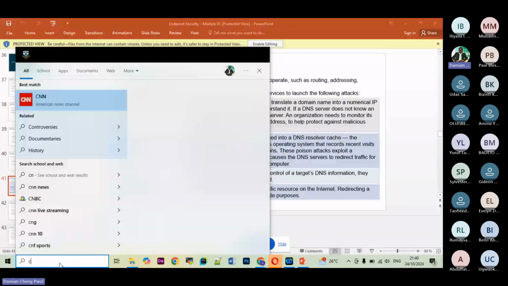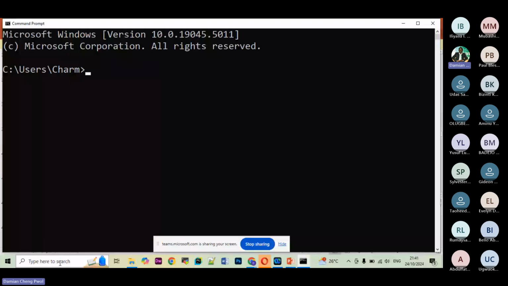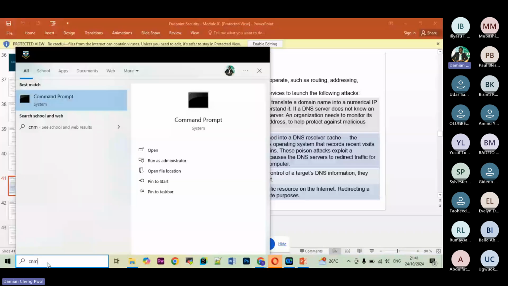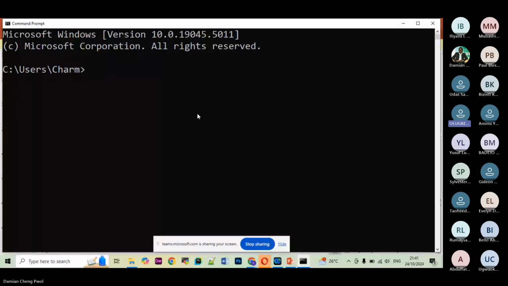I hope you guys are with me, and I hope you can see my screen, my command line interface. To open it, you just go to your search and type CMD. Are you with me? Okay.